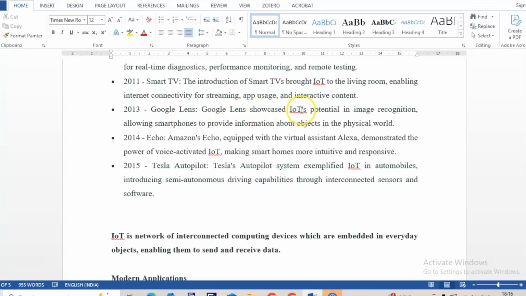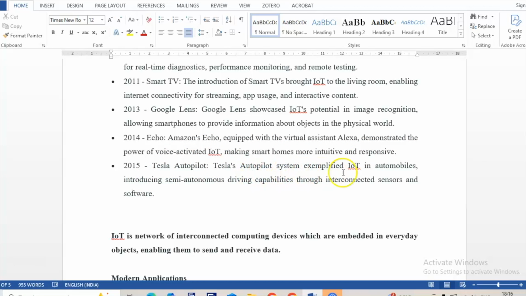Google Lens showcased IoT's potential in image recognition, allowing smartphones to provide information about objects in the physical world. 2014, Echo. Amazon's Echo, equipped with virtual assistant Alexa, demonstrated the power of voice activated IoT, making smart homes more intuitive and responsive. 2015, Tesla Autopilot.